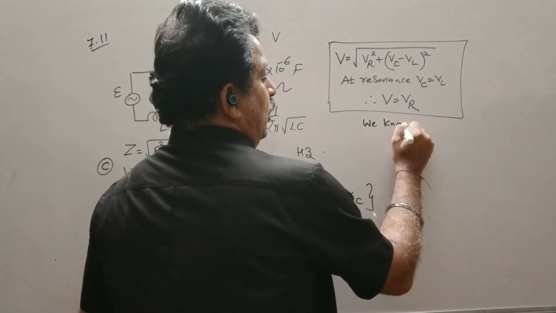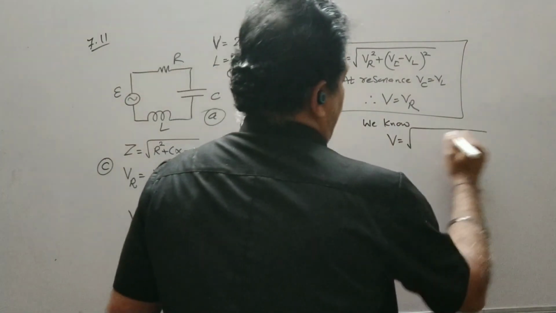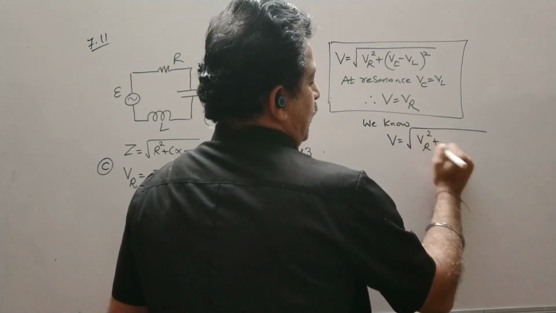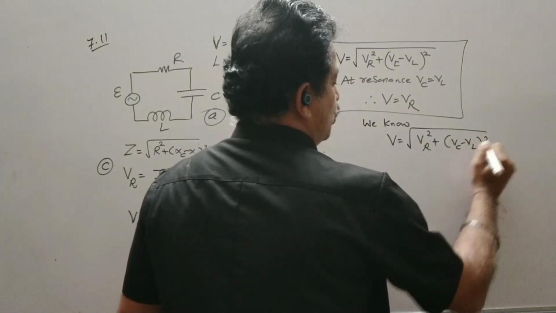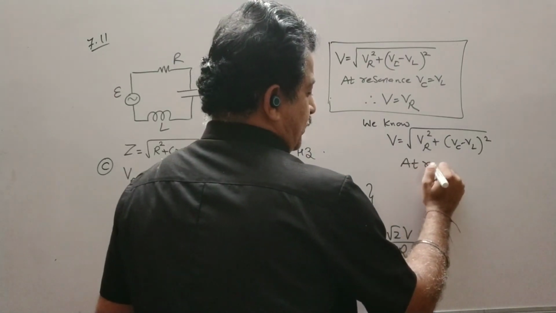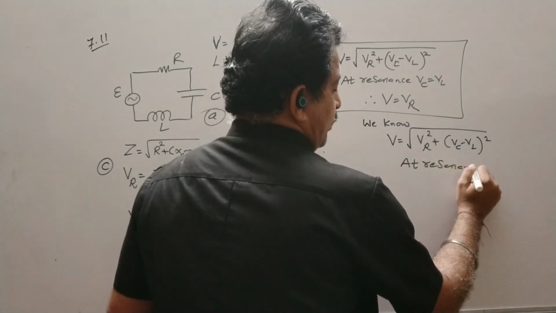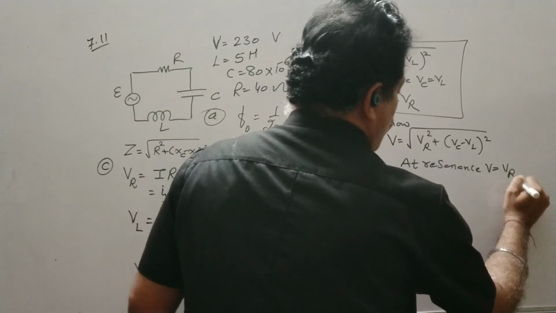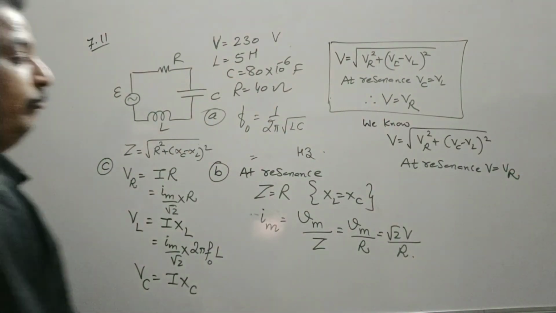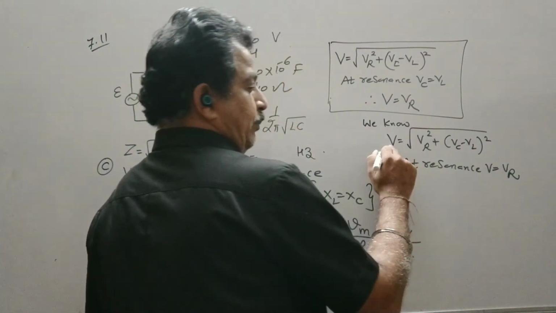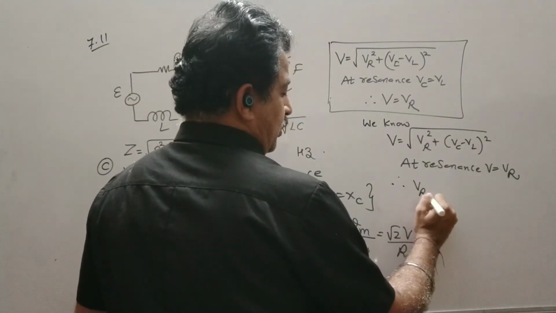We know the voltage in the circuit is equal to the square root of VR square plus (VC minus VL) whole square. Now at resonance, V is equal to VR. Therefore, in the place of V I write VR, squaring both sides.